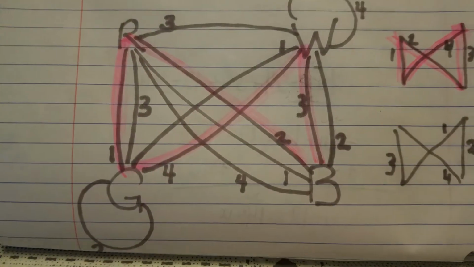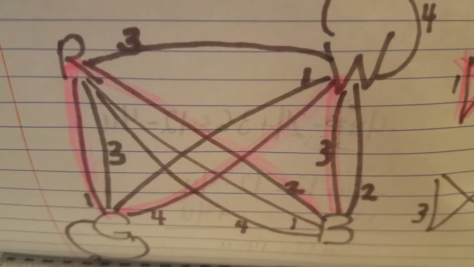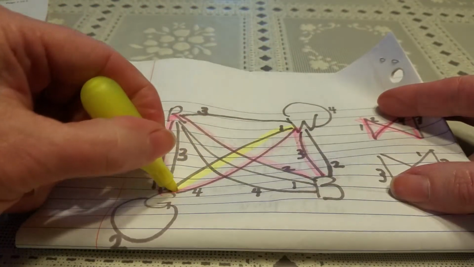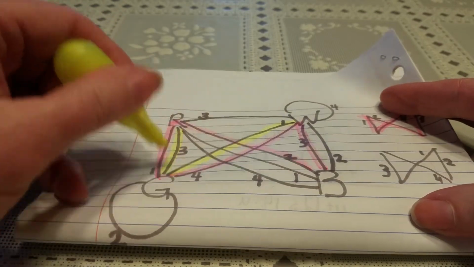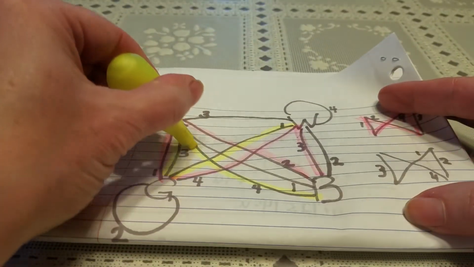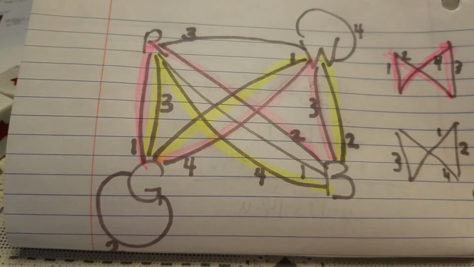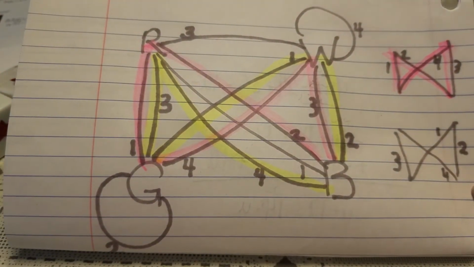Okay, there's that. And then the other will be, pardon me, 1, and 3, and 4, and 2. Okay, so there are our 2 paths. You can see that they do not use the same paths twice, and they don't crisscross.